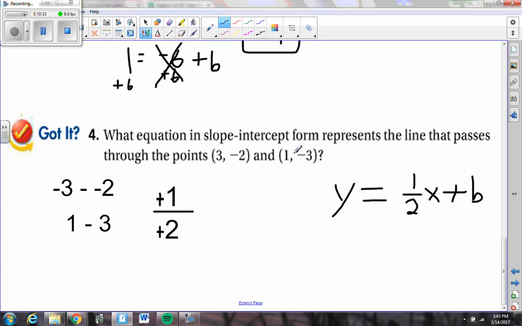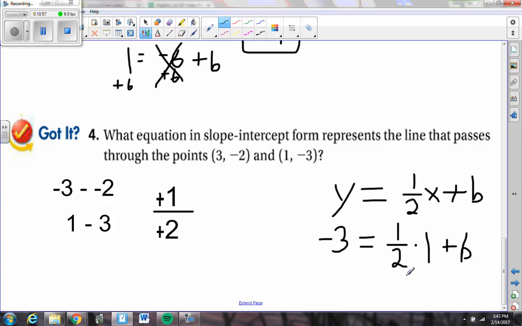I'm going to use this point here just because it's a 1, and I think that's going to be easier. My y value is -3, so I'll replace that with -3. That's equal to 1/2 times my x value, which here is 1, plus b at the end because I don't know what that is yet.